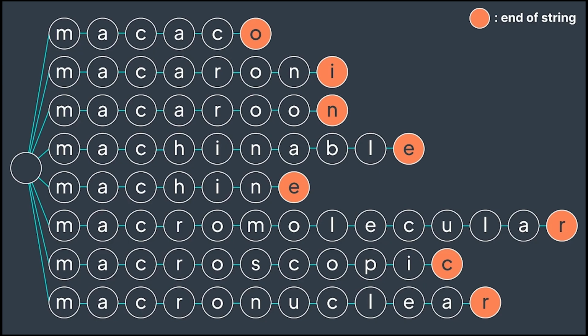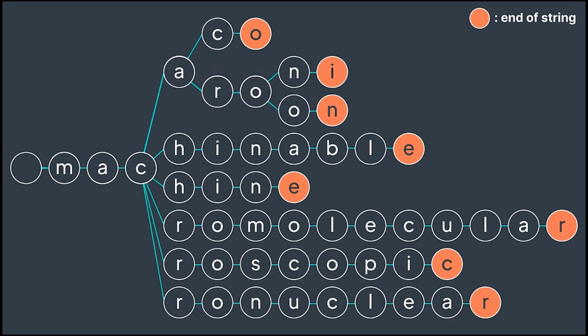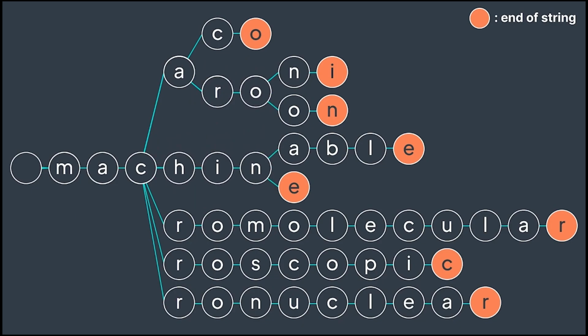But if we notice that all of them start with MAC, instead of storing MAC multiple times, we can store it once and attach to it the words that start with it. Similarly, acorn, acrony and Arun all start with A, so we can combine these also and attach the remaining part. If we do this with all the characters, you can see that we have saved a lot of space.